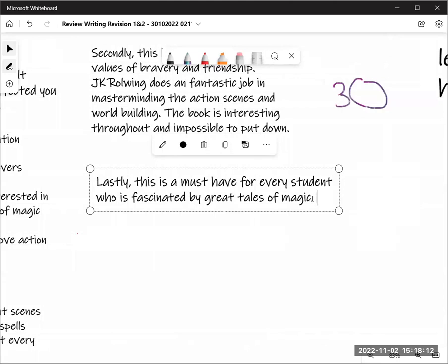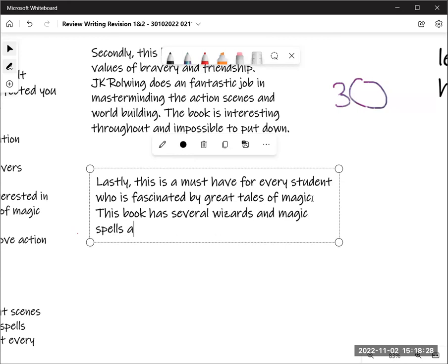Harry Potter, or let's say this book, has several wizards and magic spells at every page. Now we'll put some adjectives here as well.